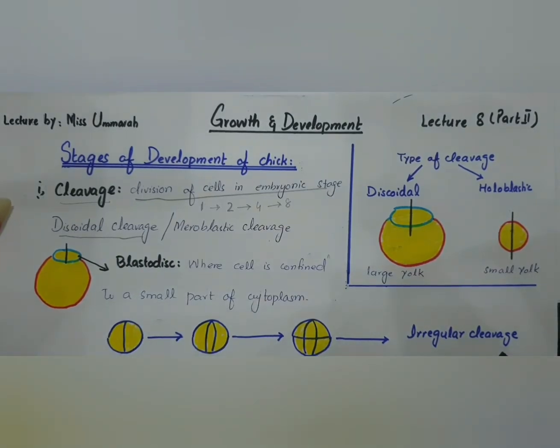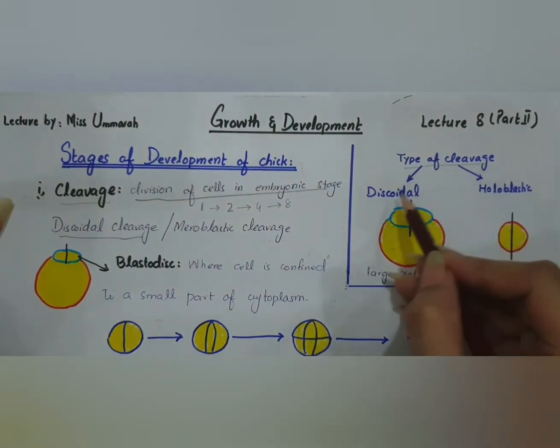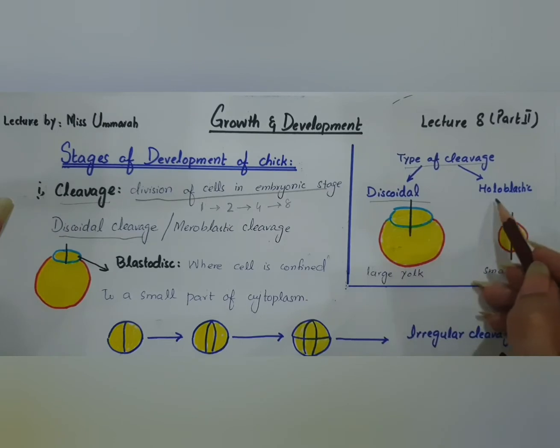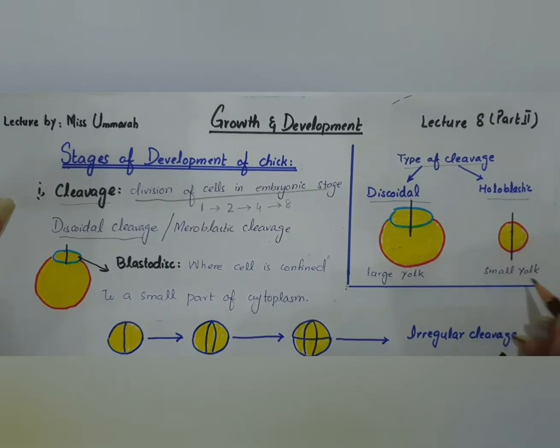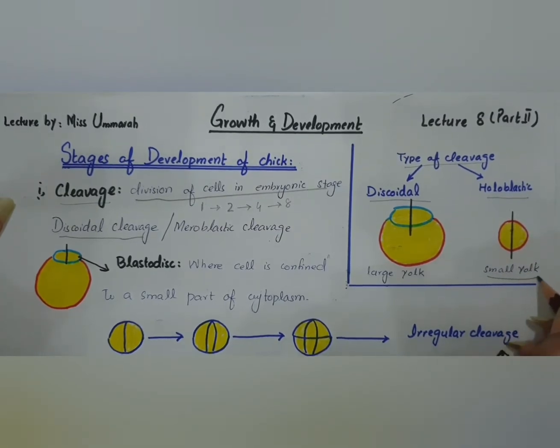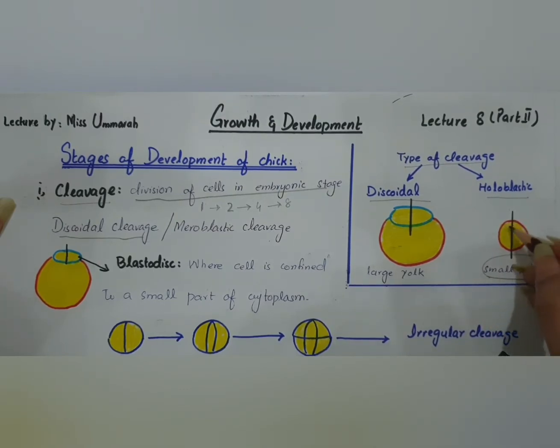Now, a new term I use: discoidal. Basically, there are two types of cleavage. Number one is discoidal cleavage and number two is holoblastic cleavage. There are a few types of eggs that have a small amount of yolk. There the whole cell divides into two parts, as you can see here.